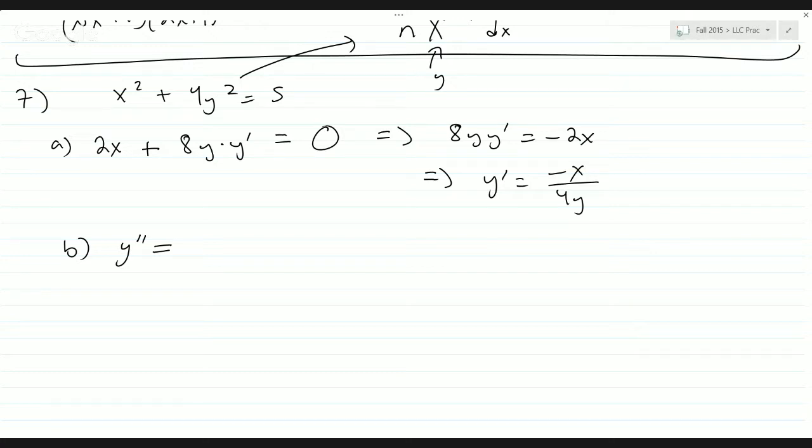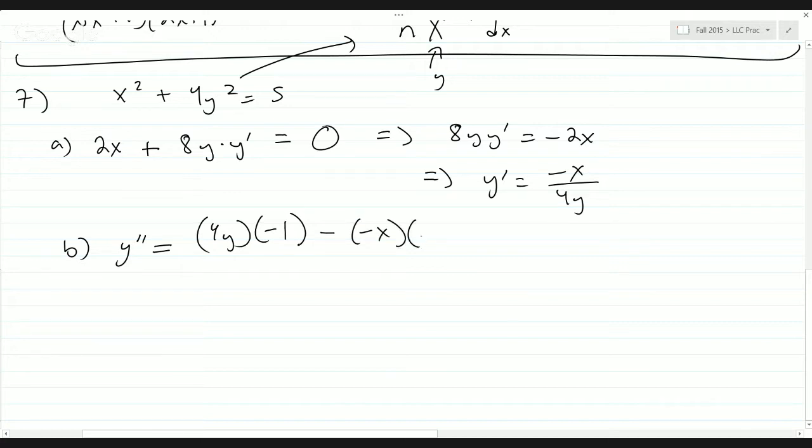The quotient rule. So we have low d high, which is -1, minus high, which is -x, d low, which is 4 times what? 4 times y prime. All right?